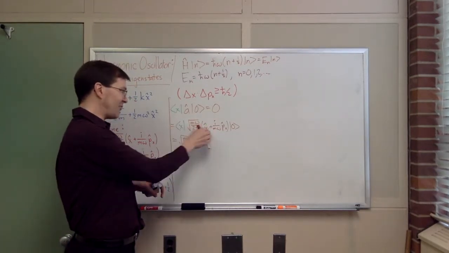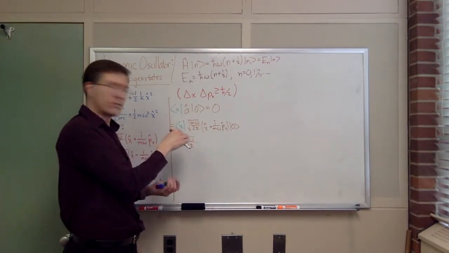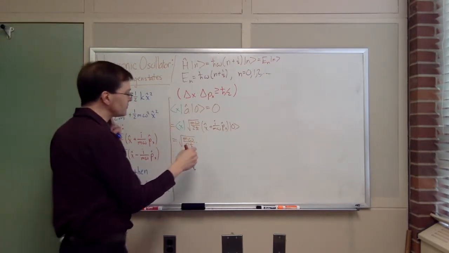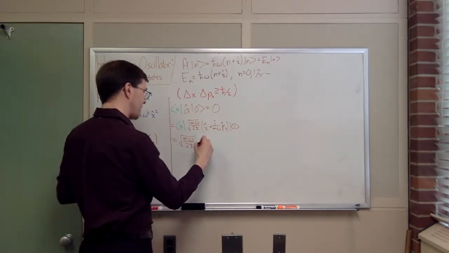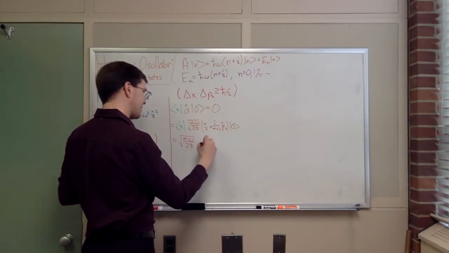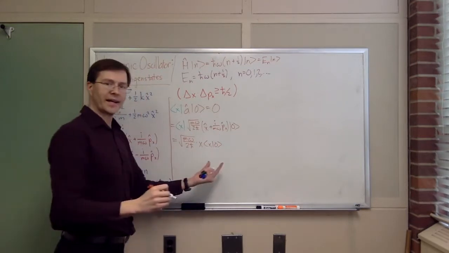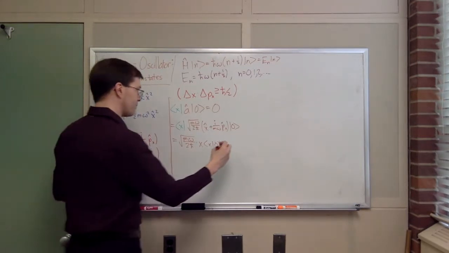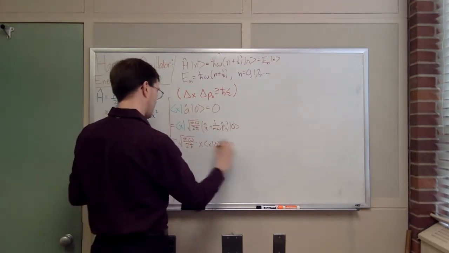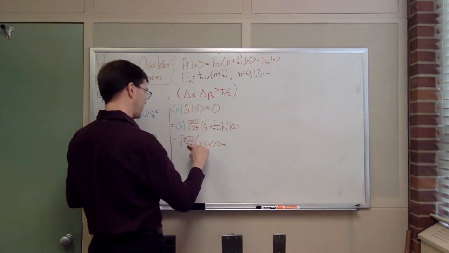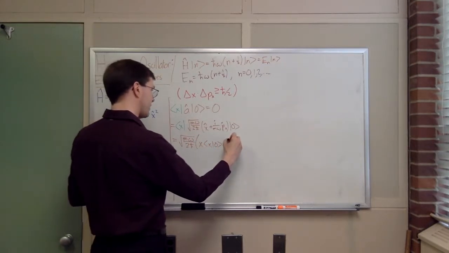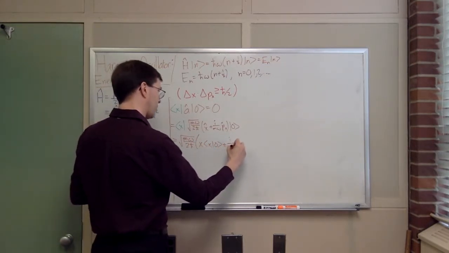Well, it's just x. That's what it is. So that's going to be times x times the x with 0 bracket, plus, let me factor this m omega over 2h bar out, plus i over m omega.